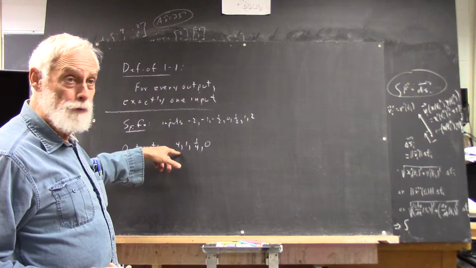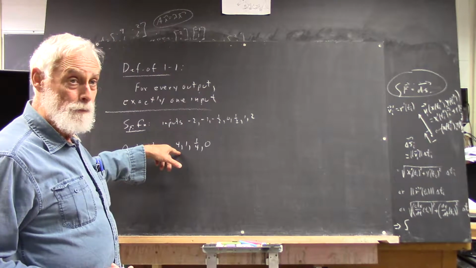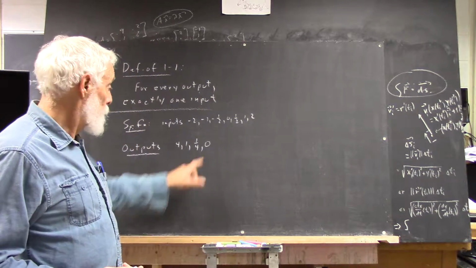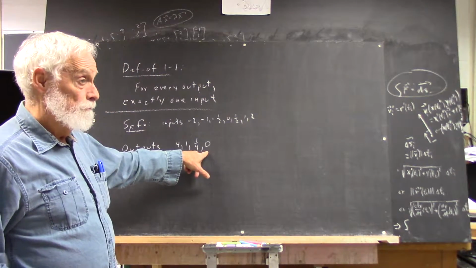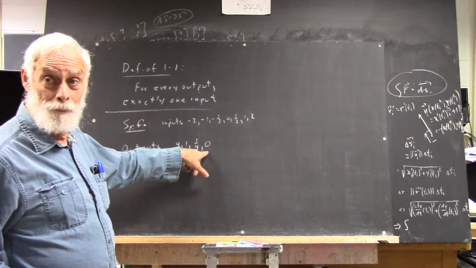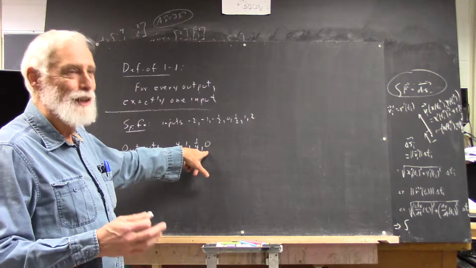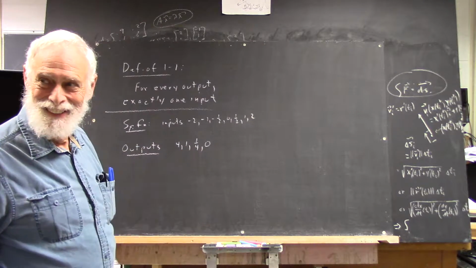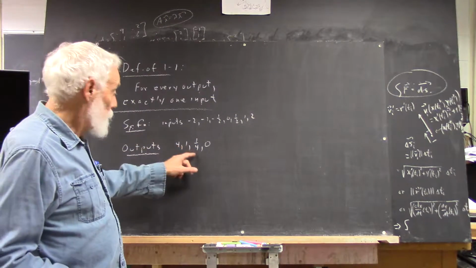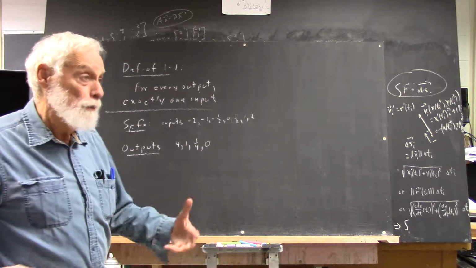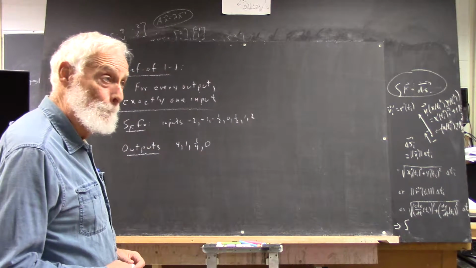Okay, what are the inputs that give you 4? -2 and 2. Okay. What about 0? How many inputs give you 0? Just 0, okay? But these other 3 all have 2 inputs that give you the output, right?